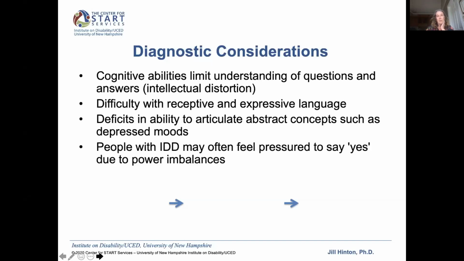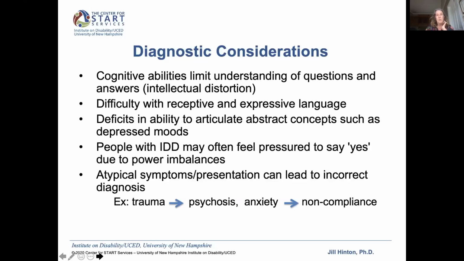Some of the reasons and things we have to consider when we're looking at psychiatric diagnosis is to think about the ability to understand questions and answers. And we often describe this as intellectual distortion. So being able to understand the meaning behind a question somebody's asking you.